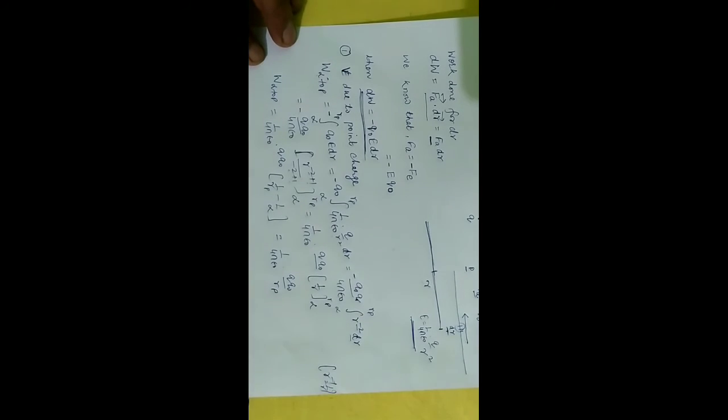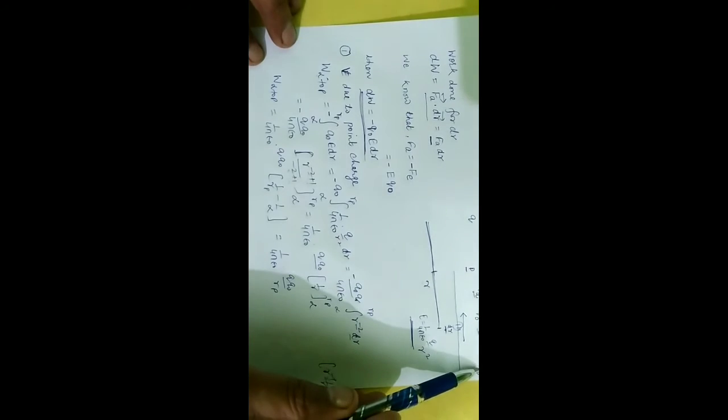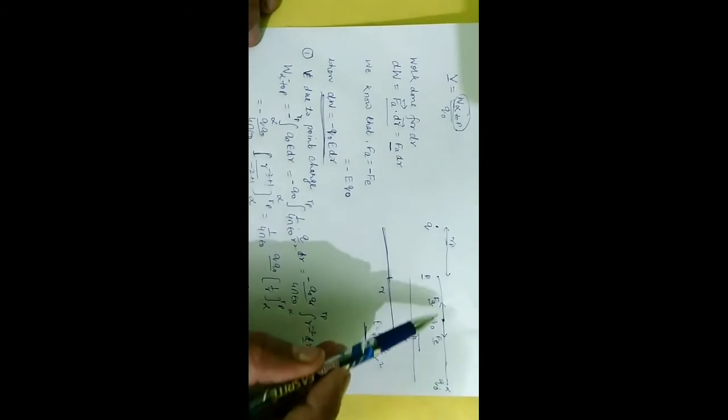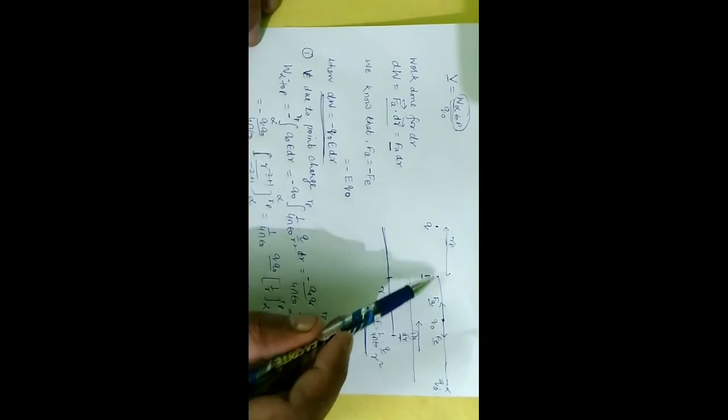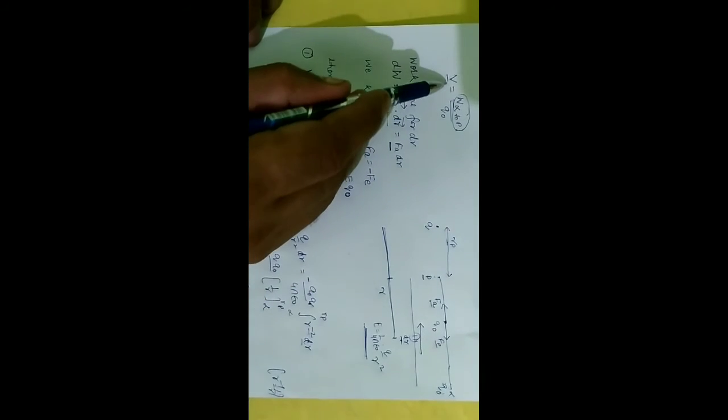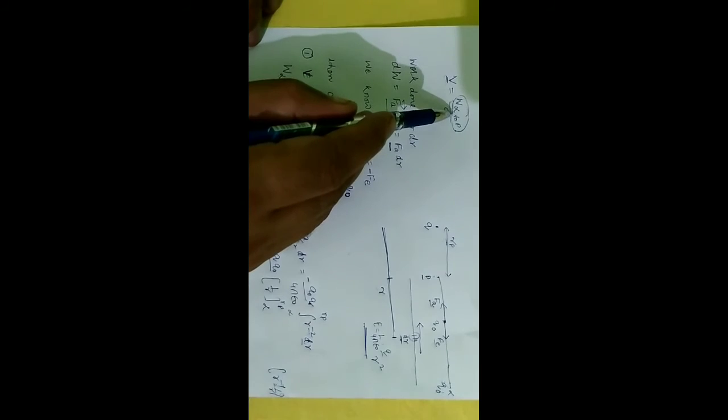So this is your amount of work done to bring a charge from infinity to this respective position. So I want to calculate the electric potential. Electric potential is work done per unit test charge. Now we use this formula.